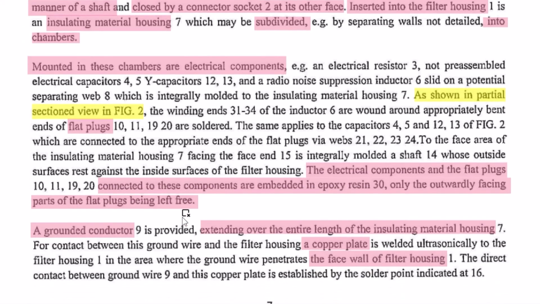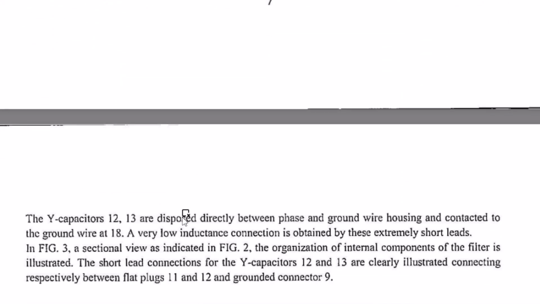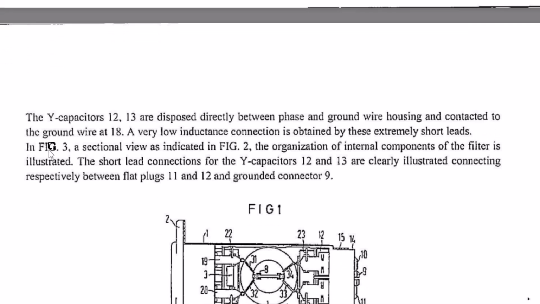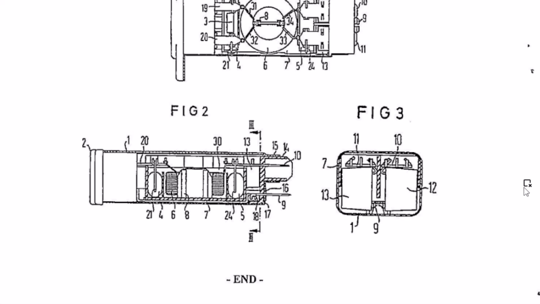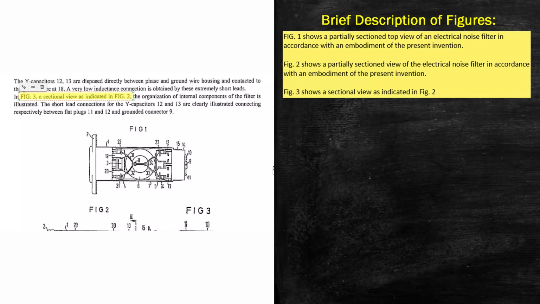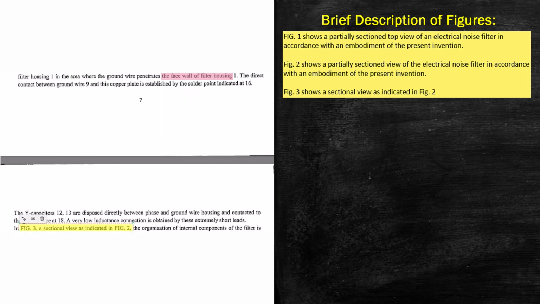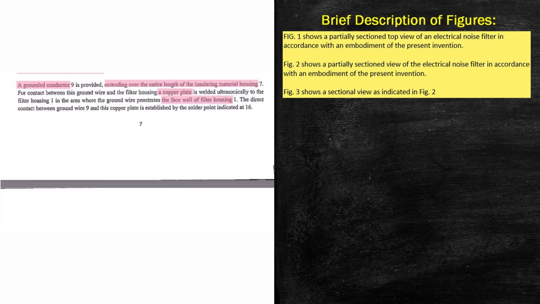When you go down, so here we find a section view, right? So figure 3 is a sectional view as indicated in figure 2. It looks difficult to refer to another figure, but that's how they have given it. So they are sectional views of each other. So we are done with the description of figures 1, 2, 3.